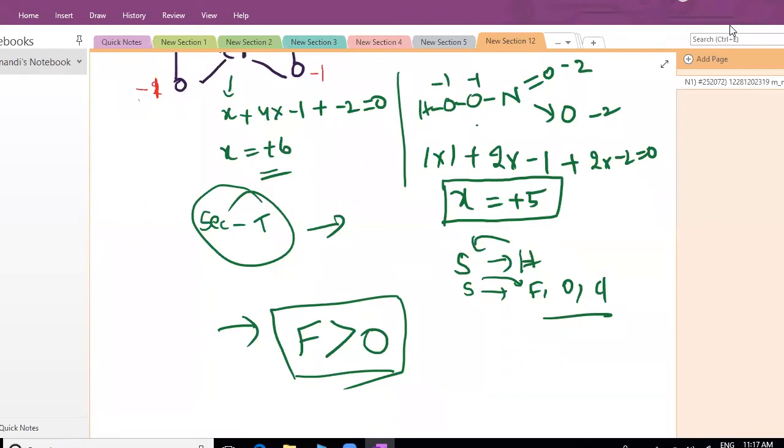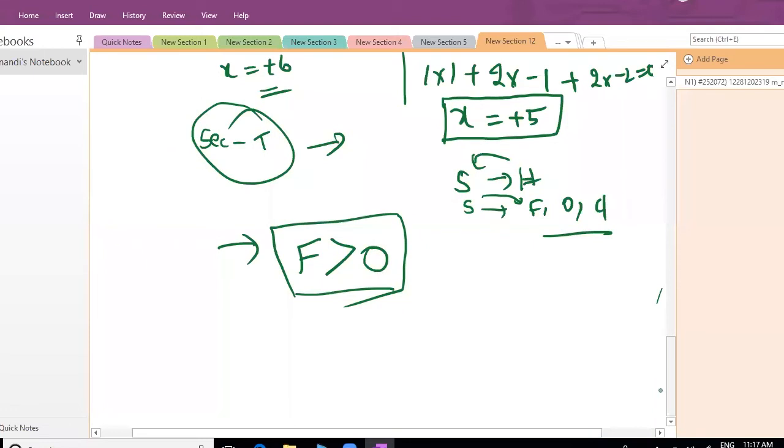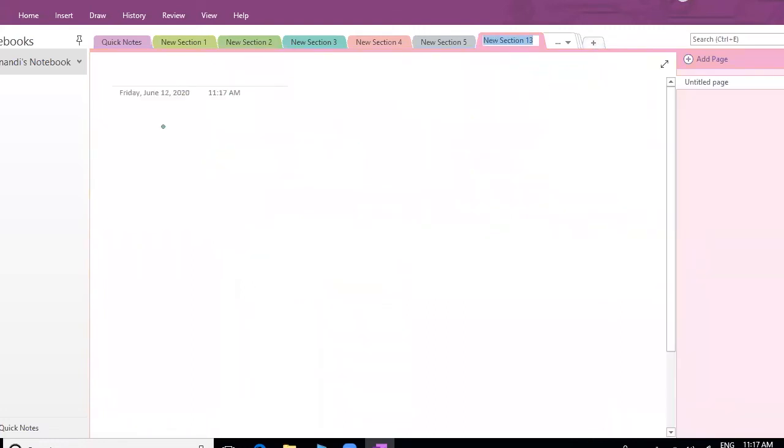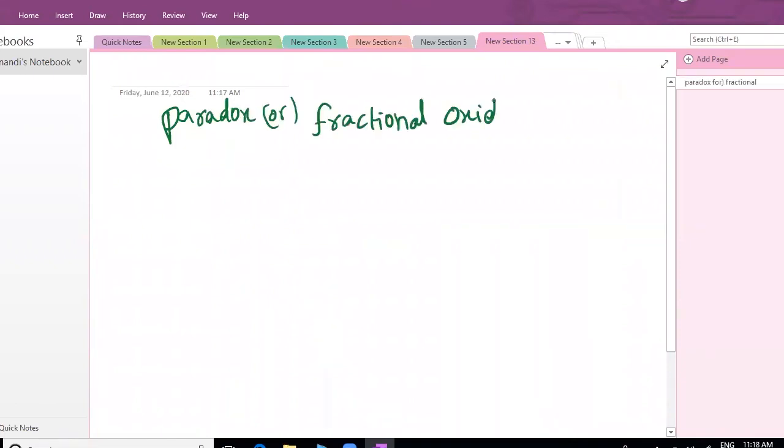So fine. These are the oxidation numbers. One more point I'm giving, please note down.